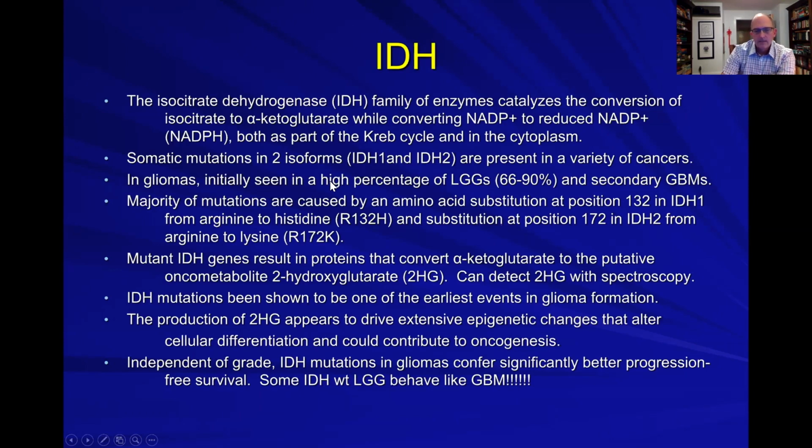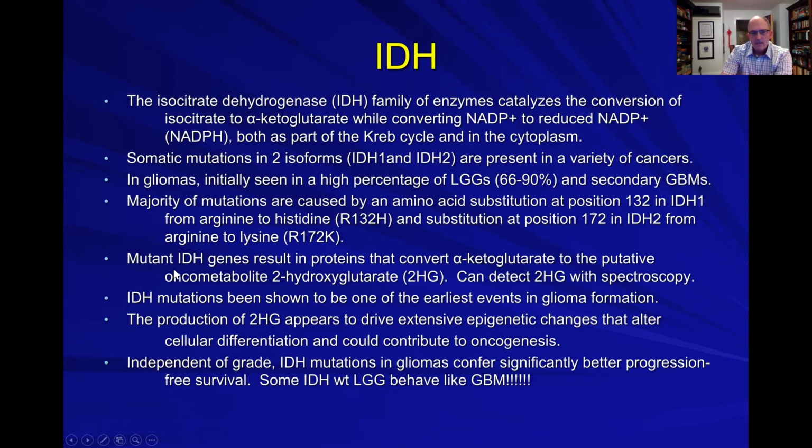mutations the most. So the majority of the mutations are caused by amino acid substitution at a specific position. So you'll often see this nomenclature when talking about IDH mutations. And then another one is at this amino acid position.